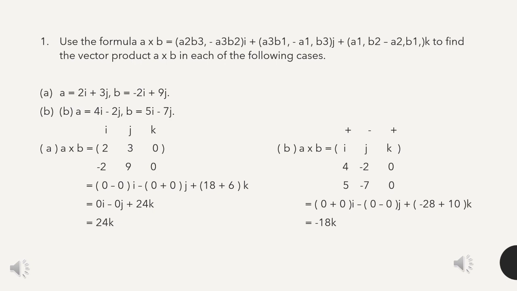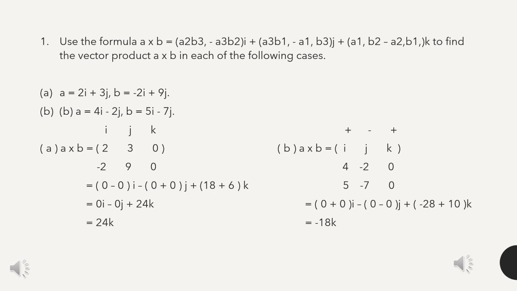Okay, for question B, A cross B equals I positive, J negative and K positive. Okay, for A, I is 4, J is negative 2 and K 0, and for B, I is 5, J is -7 and K is 0.